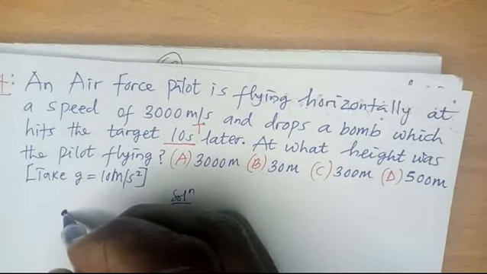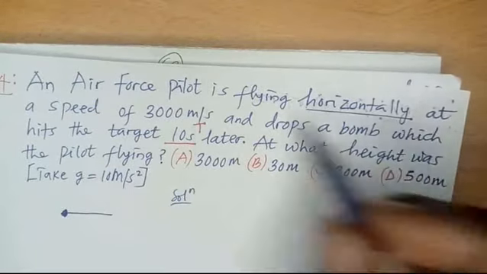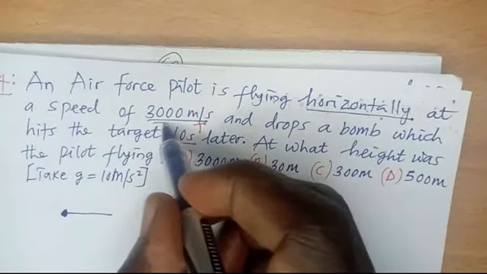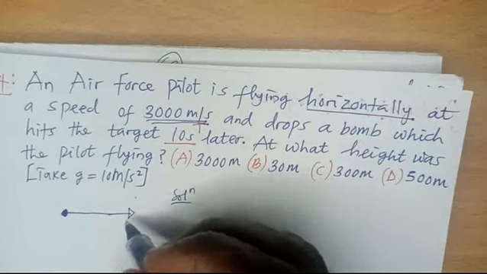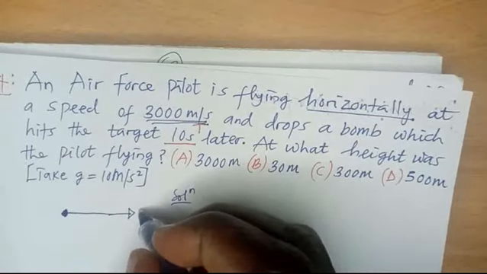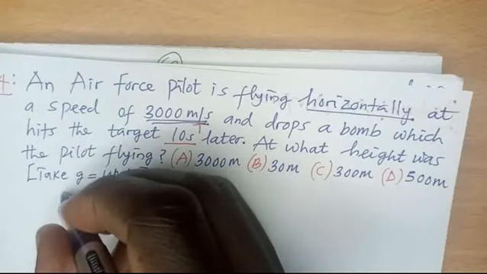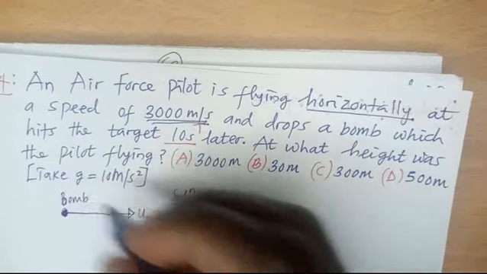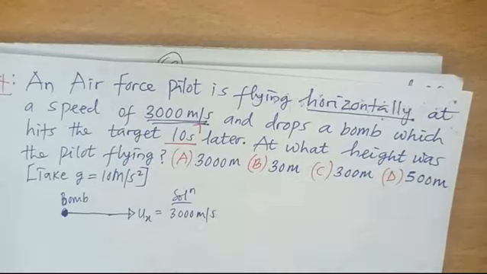They say it is projected horizontally, so this velocity is a horizontal velocity and not a vertical one. So here horizontally you have u sub x, and this u sub x is 300 meters per second.